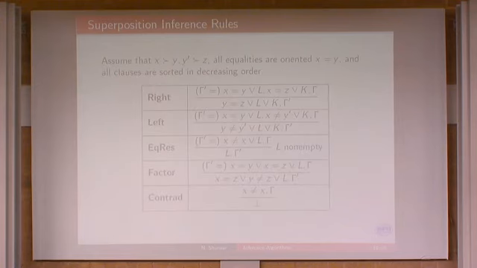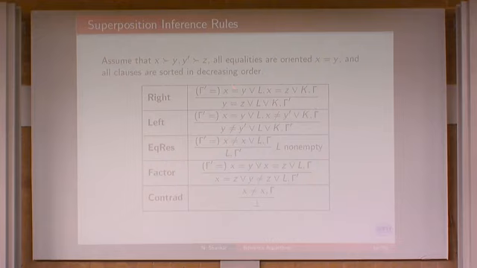In the superposition inference, you have these rules. The right rule takes a clause of this form. I'm misusing all the letters, but you have x equals y and x equals z.